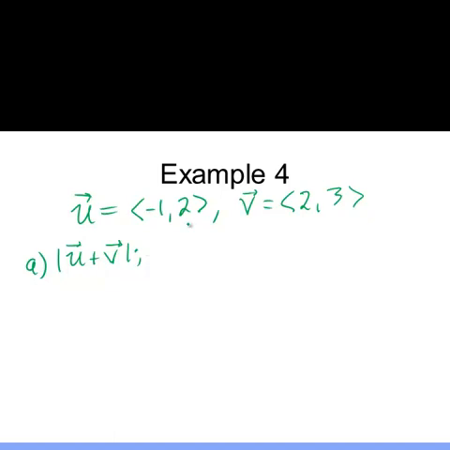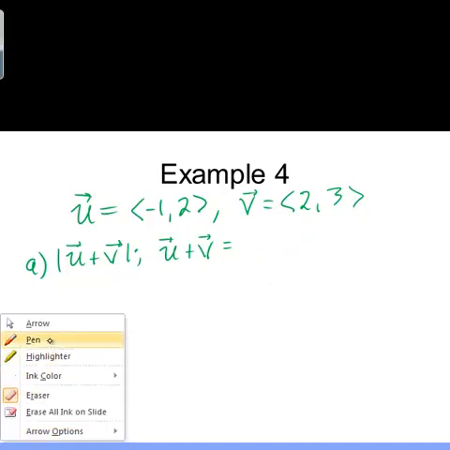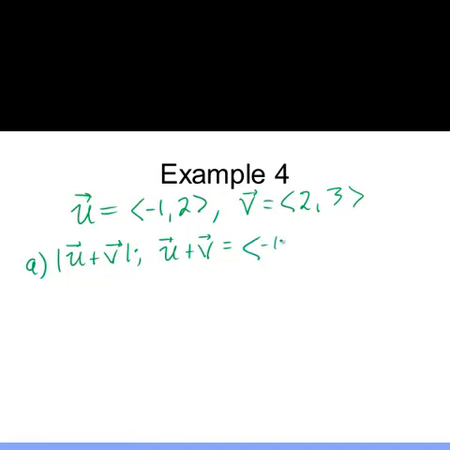Well, u plus v will just be the vector with the x component of negative 1 plus 2, and the y component of 2 plus 3.